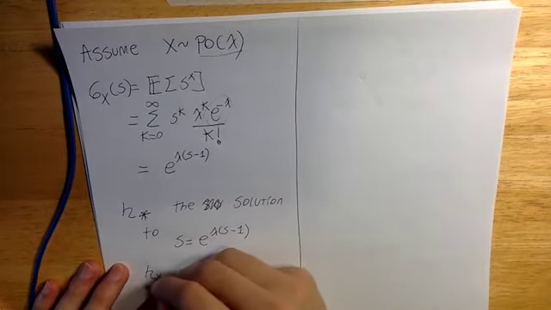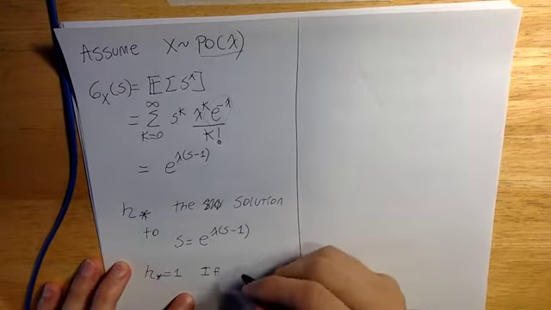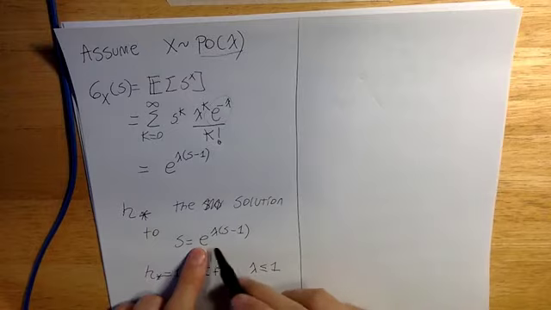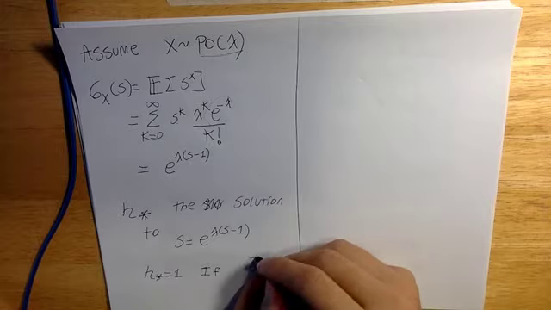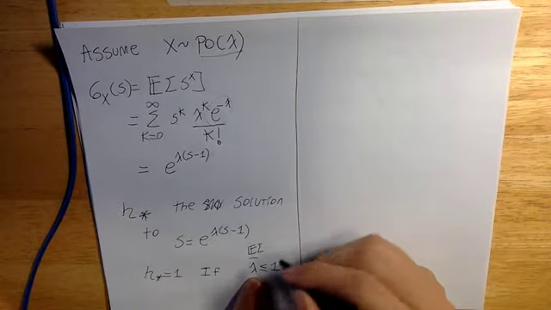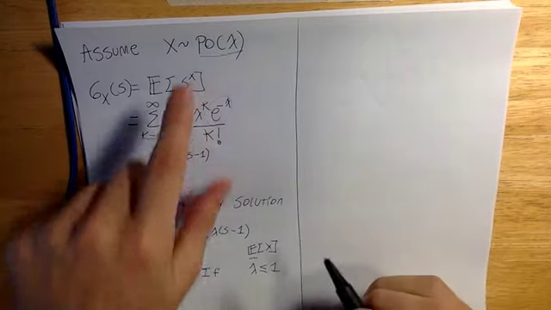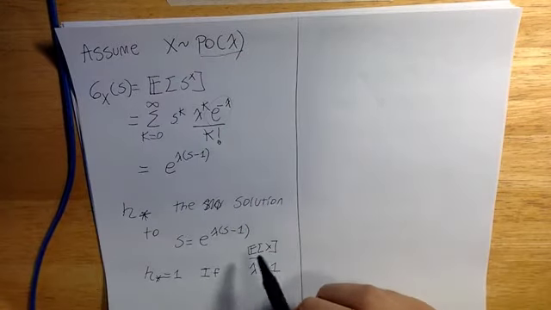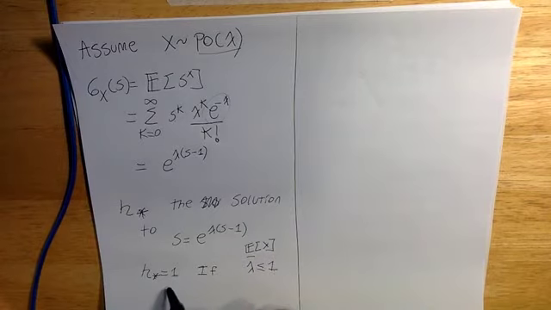Eta star is equal to 1 if lambda is less or equal than 1. I'm not going to show you exactly how to do this. The expectation of x, because x is distributed as a Poisson, is lambda. So if lambda is less or equal than 1, then the probability of extinction is equal to 1.